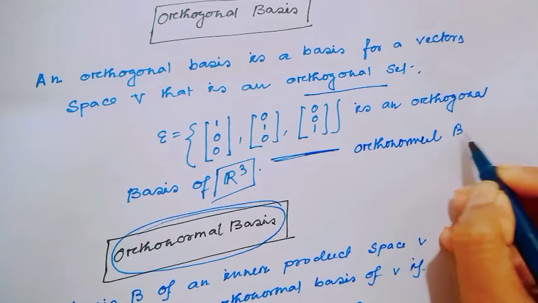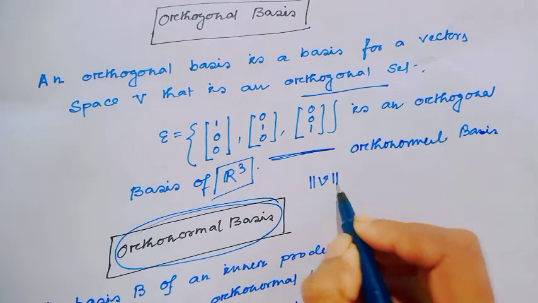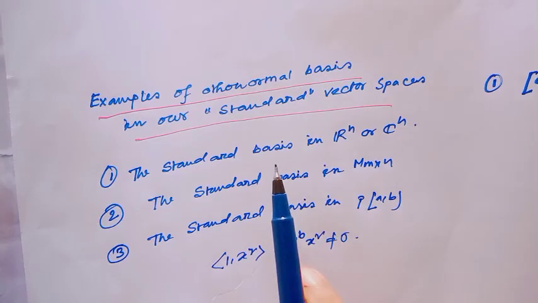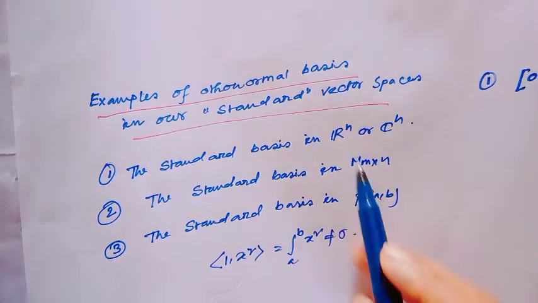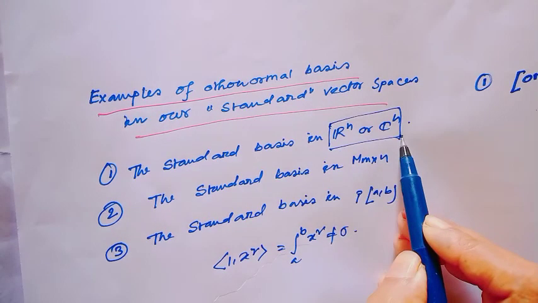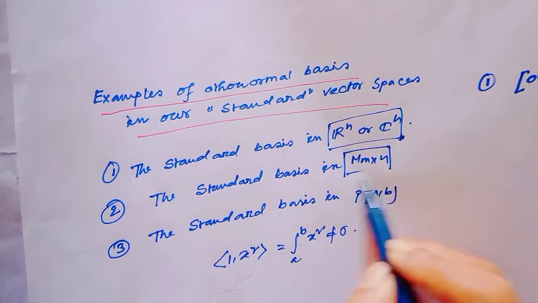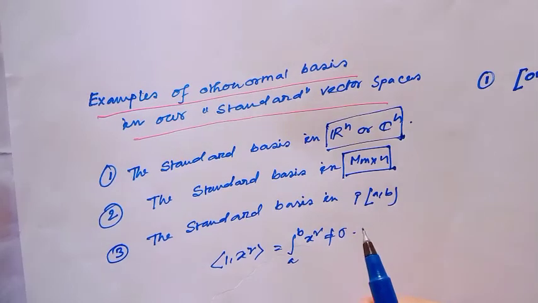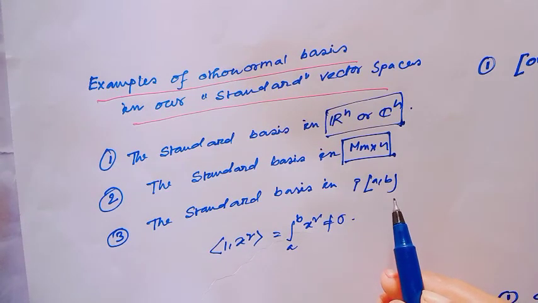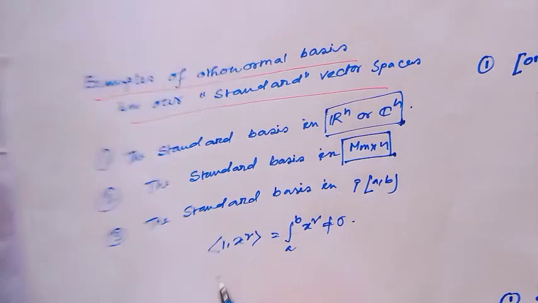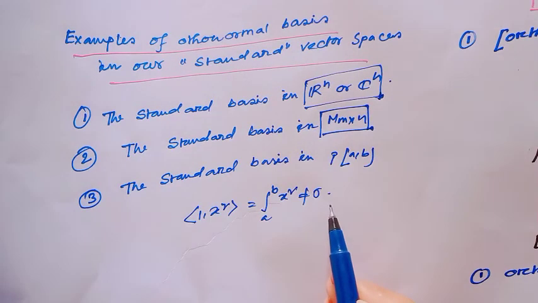This basis is not only orthogonal, it is also an orthonormal basis, because here the norm is equal to 1. Now let's see some examples of orthonormal bases. The standard basis in Rn or Cn is obviously an orthonormal basis. Similarly for the standard basis of m cross n matrices. But if we choose the standard basis of polynomials on the closed interval [a, b], then notice the inner product of 1 with x square is not equal to 0.